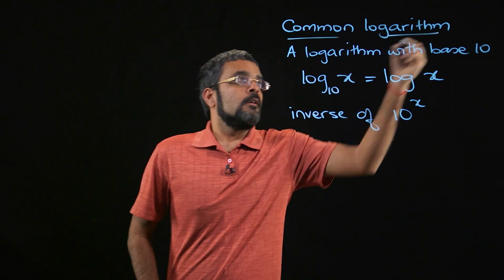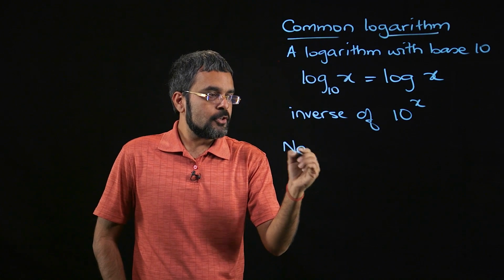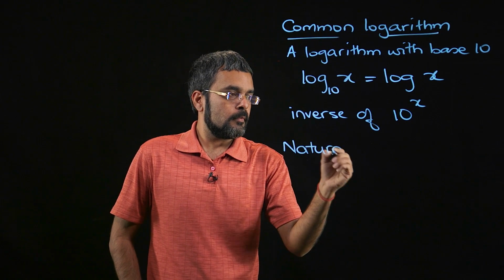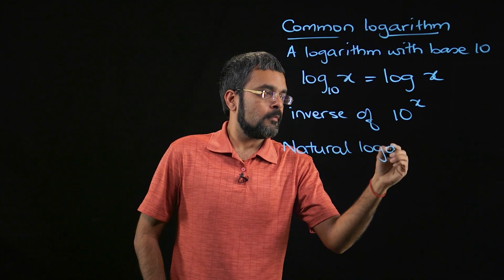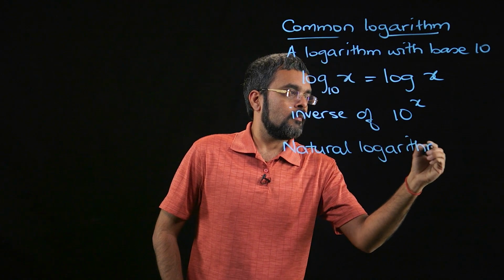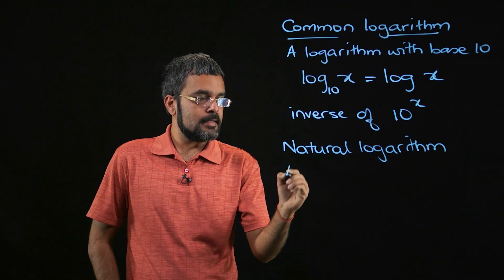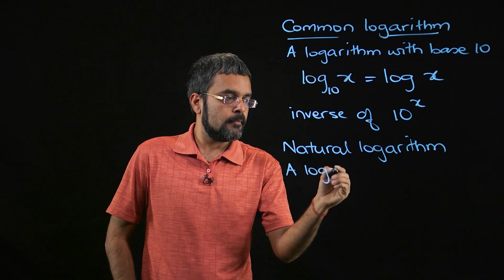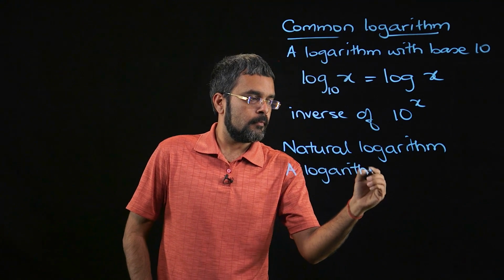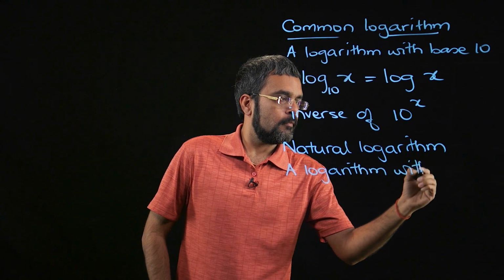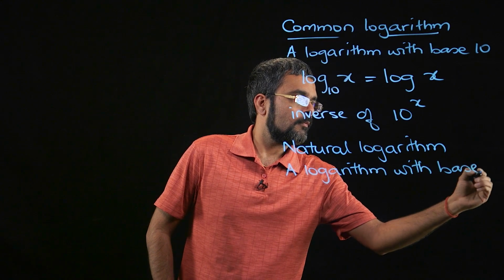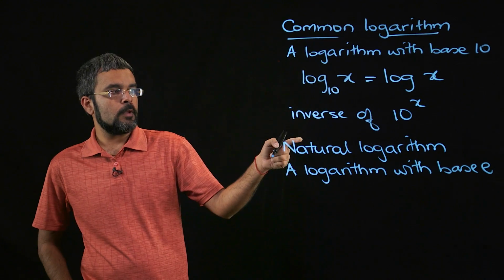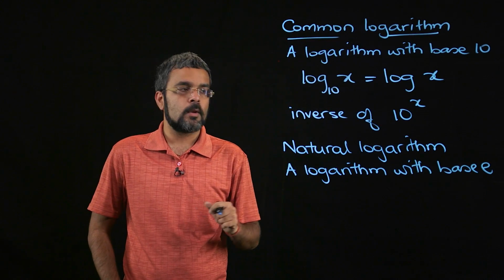Similarly, we have what we call the natural logarithm, a logarithm with base e, and remember e is the number 2.718.